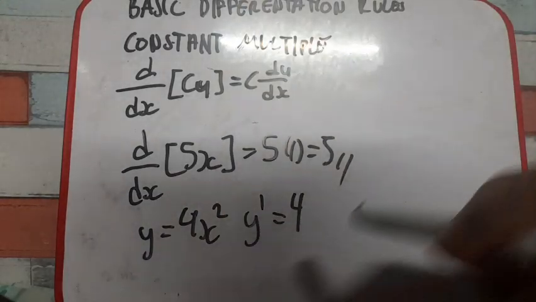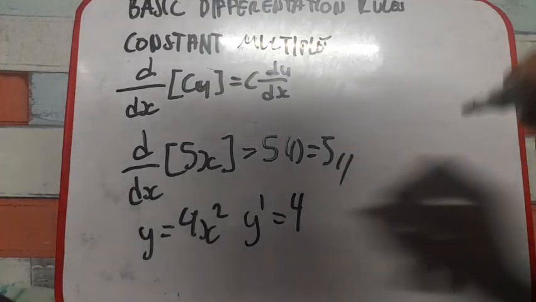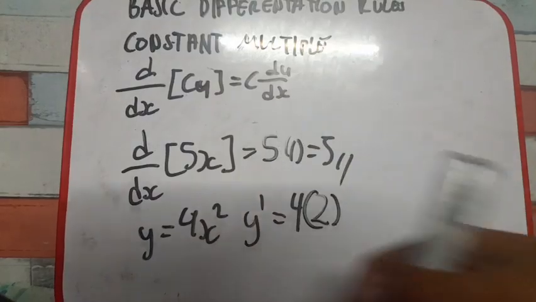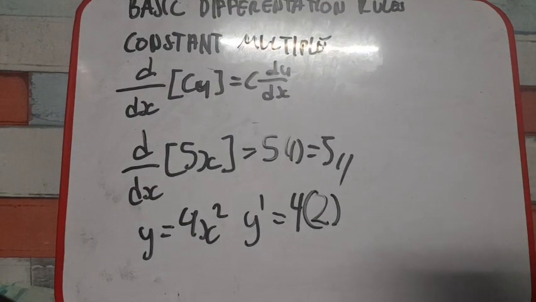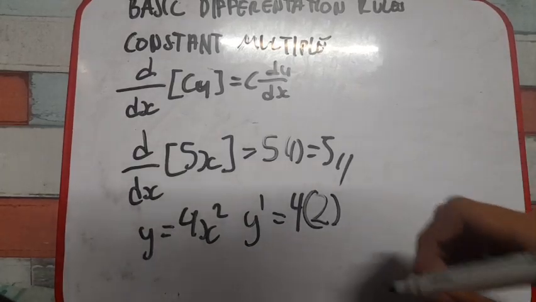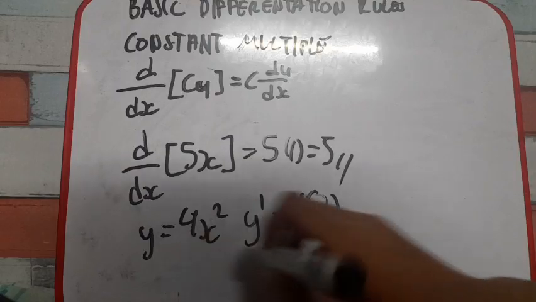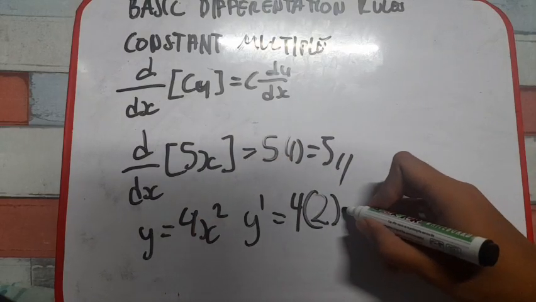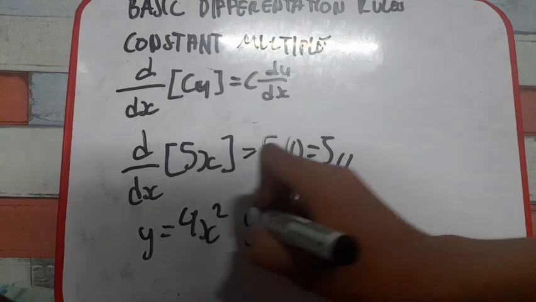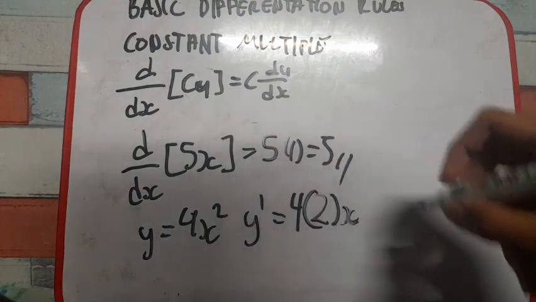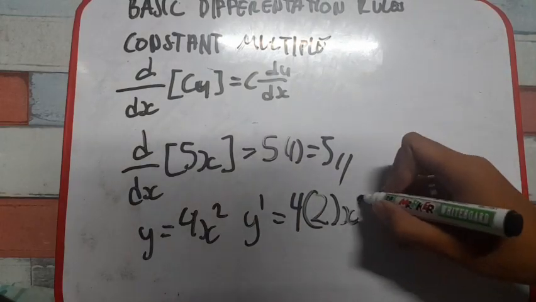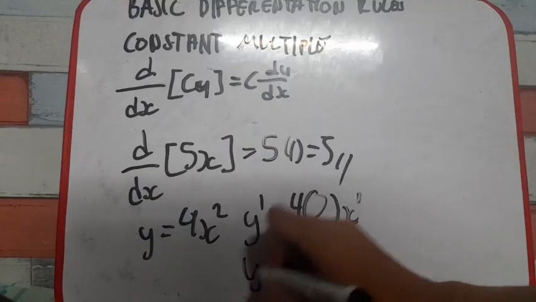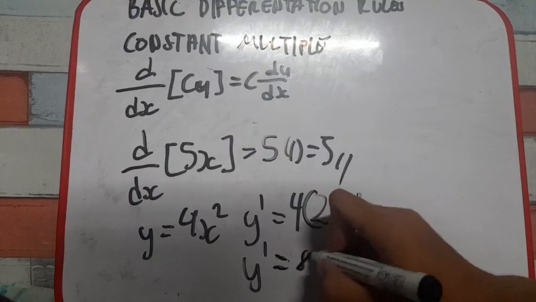The derivative of x squared is going to be 2, as we bring down the 2. We're going to talk about this later in the power rule up next, so tune in. Bring down 2, keep the x, and we subtract 1 from the exponent, so 2 minus 1 is 1, so that stays as x. Simplifying, we get y prime equals 8x.